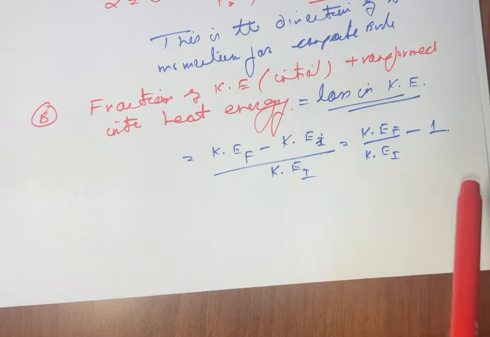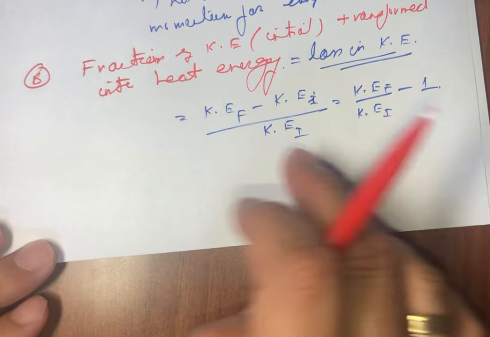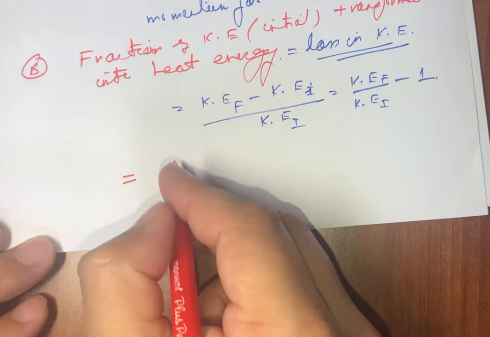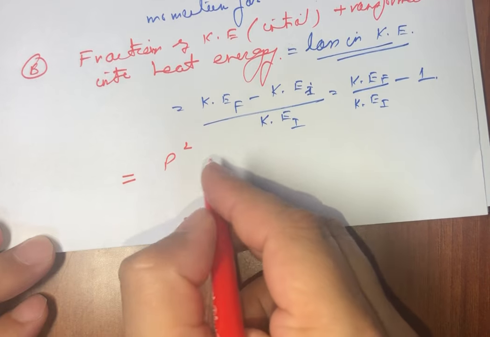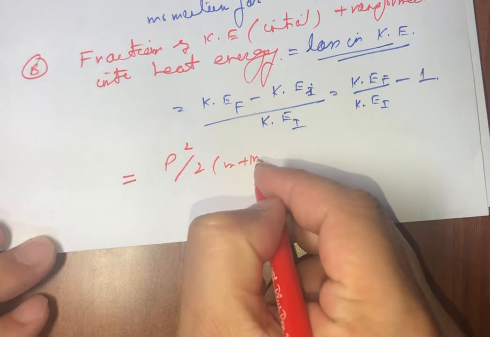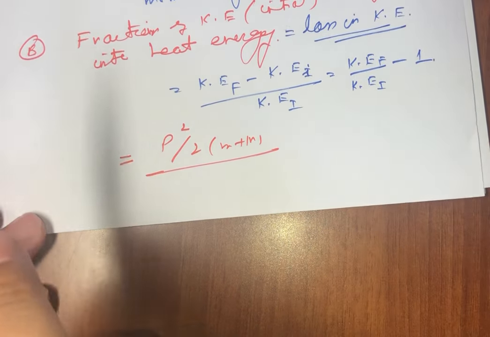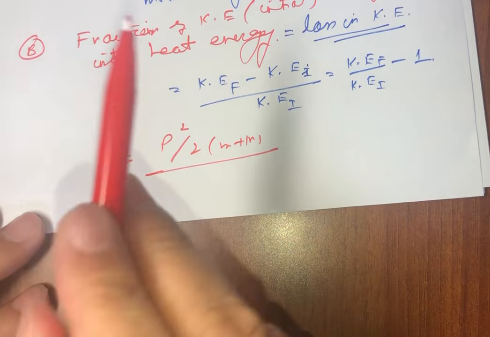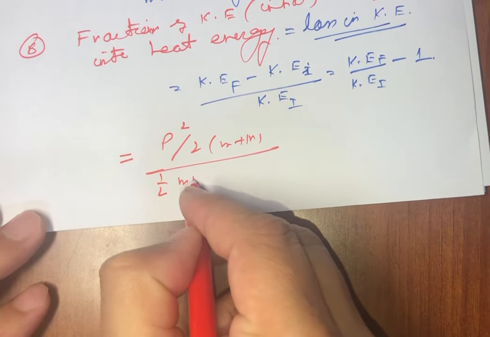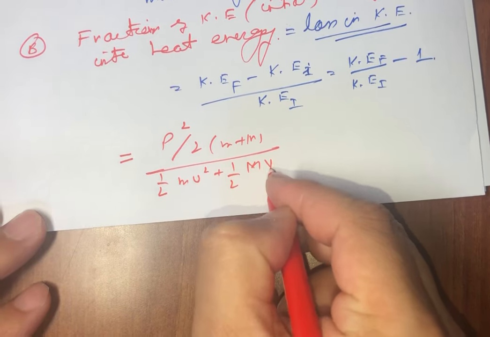We already know the final momentum is P, so we can denote the kinetic energy with respect to the momentum. So this is equal to P square divided by 2 times (m plus capital M), divided by initial kinetic energy, which will be the kinetic energy of small m plus capital M, or half m v square plus half capital M V square.